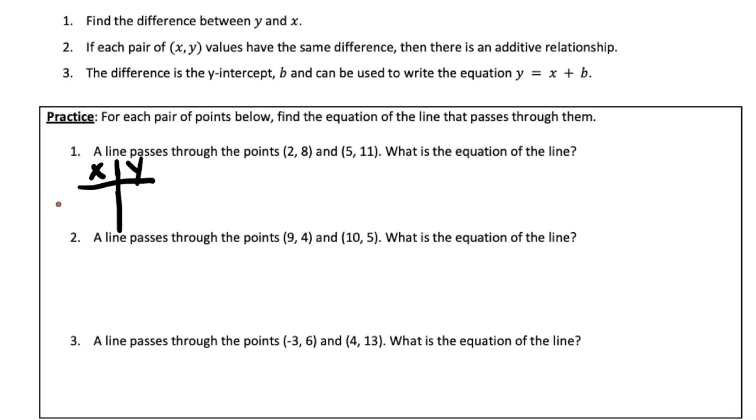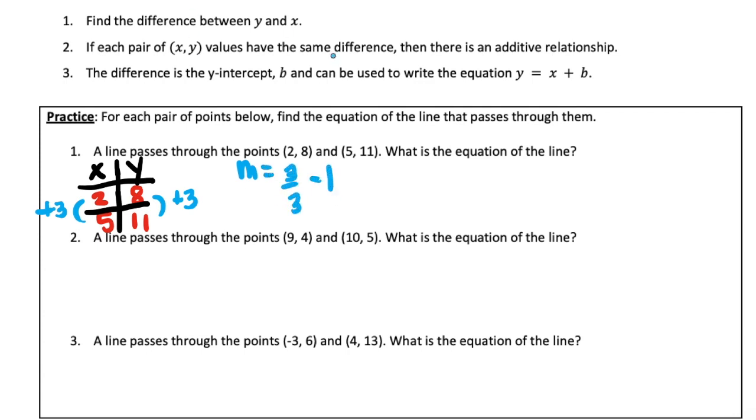So 2, 8 is one of our points, and 5, 11 is another. From our table of values, the change in y was plus 3, and the change in x was also plus 3. So you know your slope is 3 over 3, or just 1.